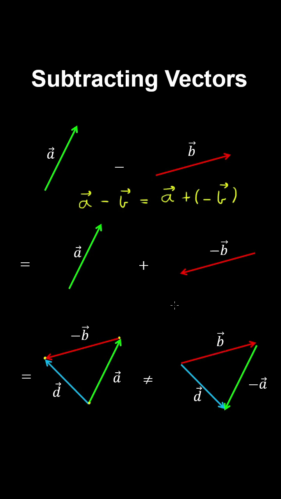In contrast, if we subtract a from b, which is the same thing as negating a and adding that to b, the resultant vector in this case, drawn from the tail of b to the head of minus a, is not the same vector that we obtained when we did this operation in reverse. Therefore, vector subtraction is not commutative, and the order of vectors in the subtraction matters.